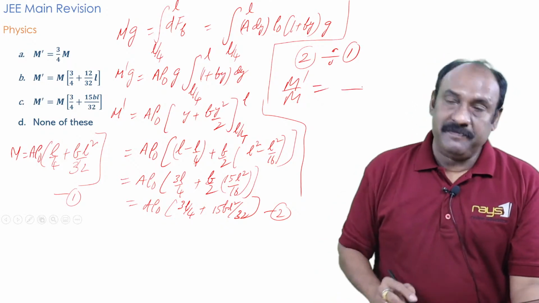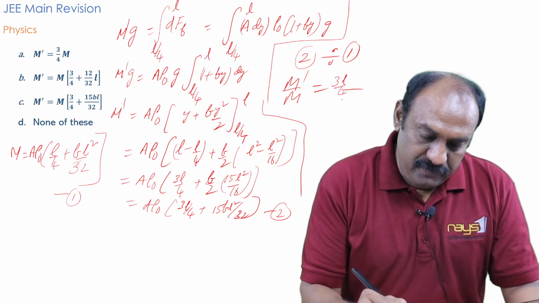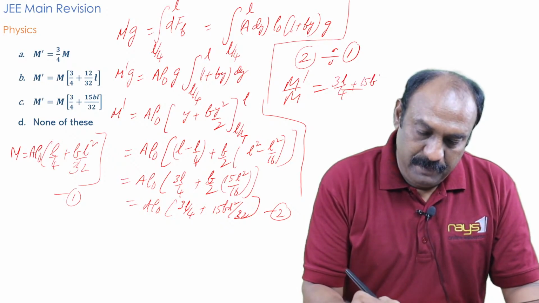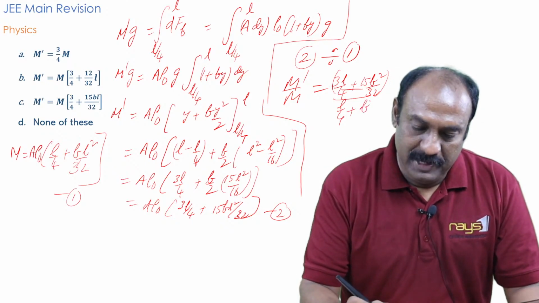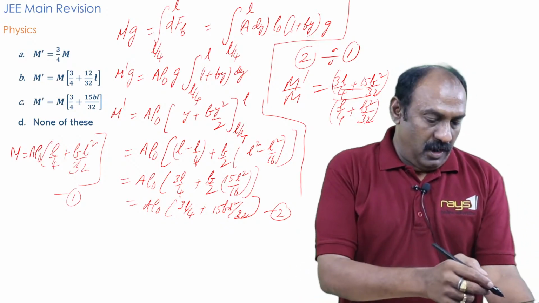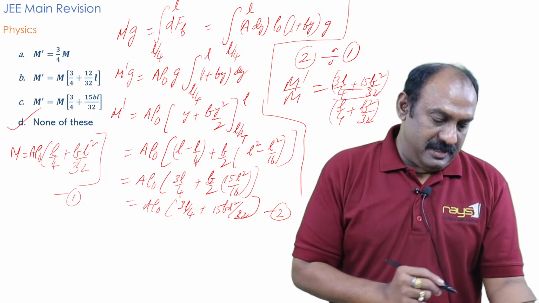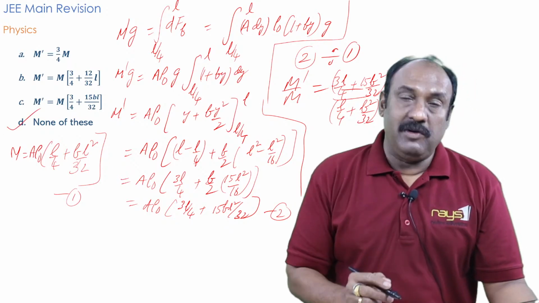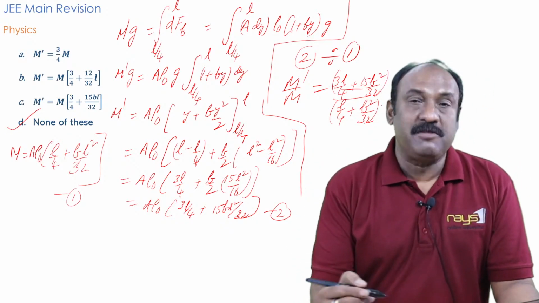See the options here: m dash by m equals (3L by 4 plus 15 b L square by 32) divided by (L by 4 plus b L square by 32). In all options there is no such term. So the answer is D, none of the above. So m dash by m equals (3L by 4 plus 15 b L square by 32) by (L by 4 plus b L square by 32).